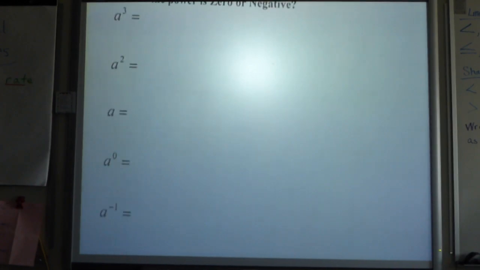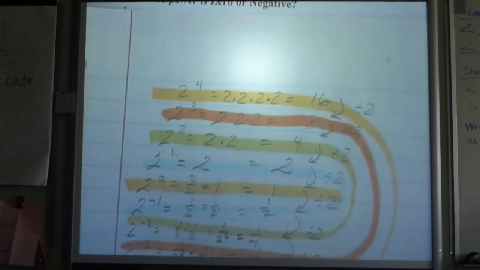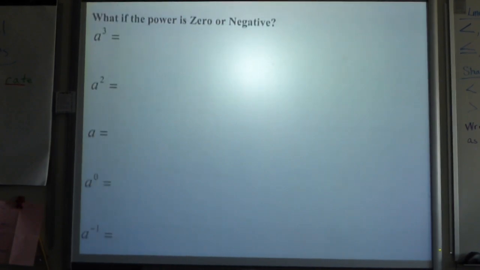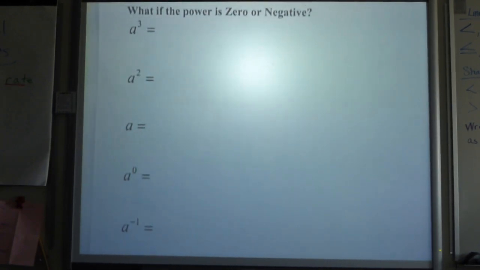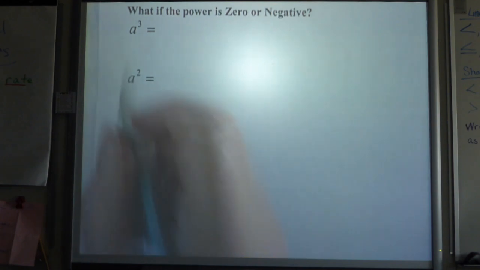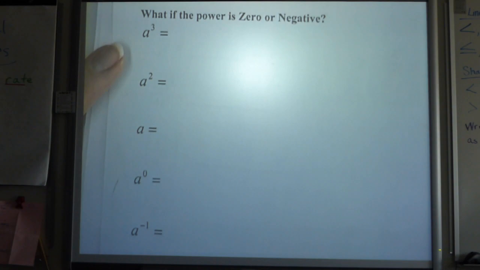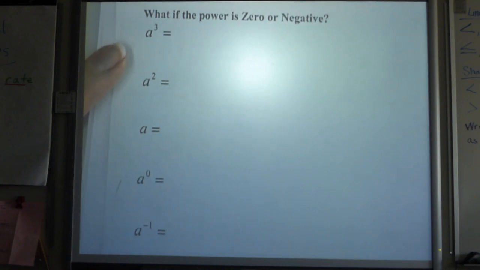Okay, now we're going to take away the numbers, and we're just going to look at that same concept with variables because we need to be able to apply this algebraically as well. Okay, so what's our coefficient? If there is no written coefficient, we understand that the coefficient is what? 1.